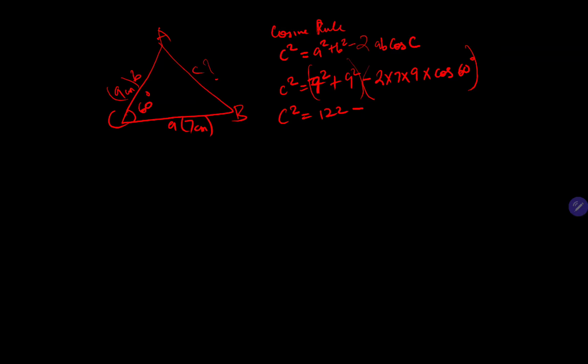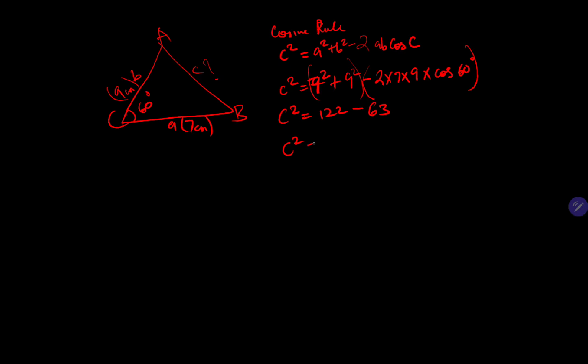Cos 60 is the same thing as sine 30, which is 0.5. So we say 0.5 times 9 times 7 times 2, that will be 63. So minus 63.